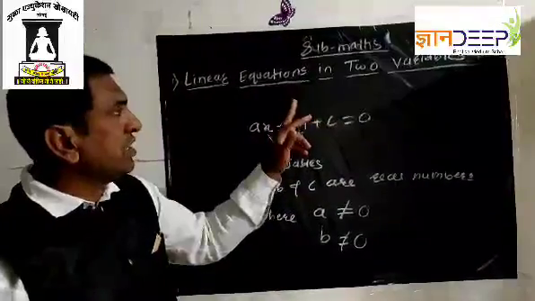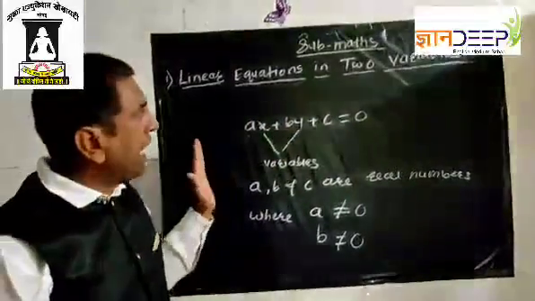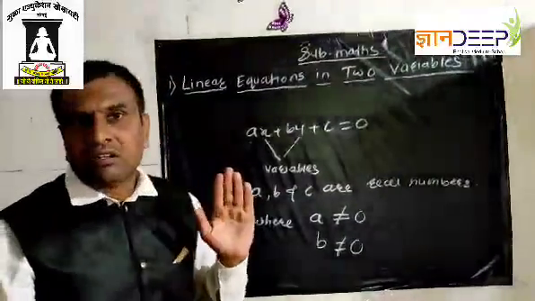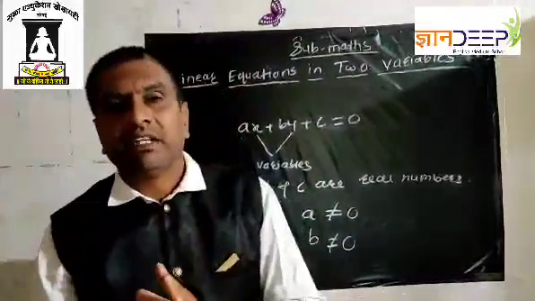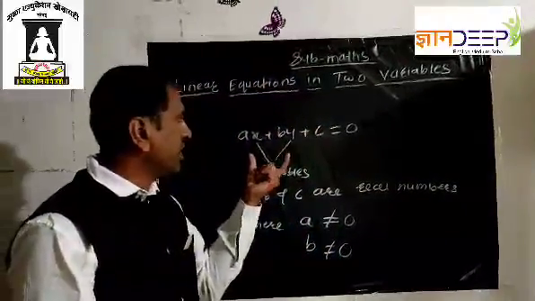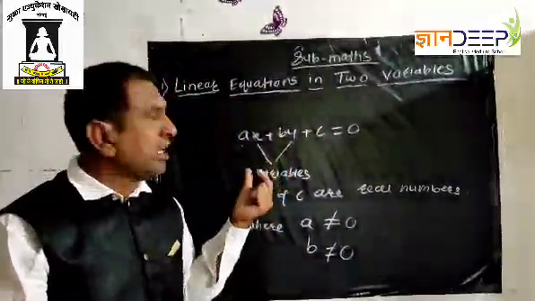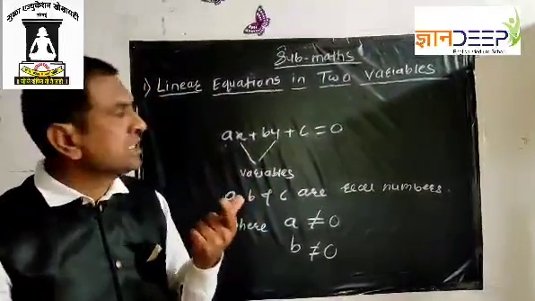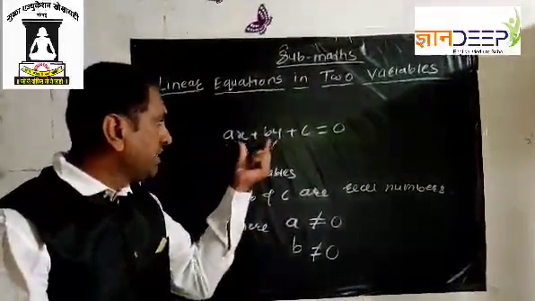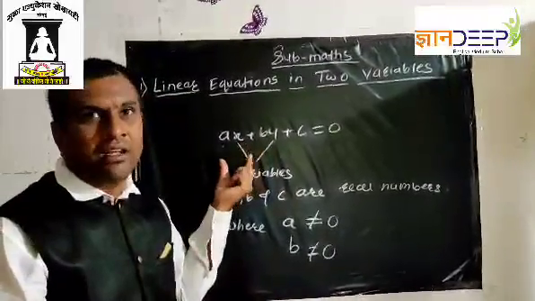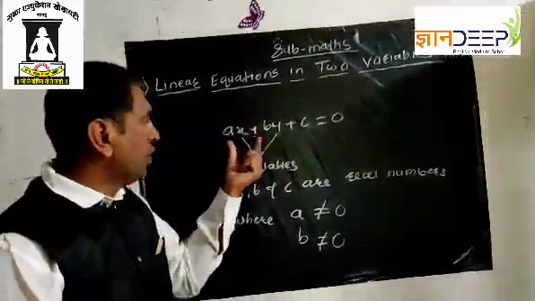In linear equation in two variables, for identifying these equations, we need two things. When the given equation is in front of you, you see that in the given equation two variables are there. If there are two variables, then see the second thing. Which is the second thing? The maximum degree of both the variables is 1. These are the two conditions.